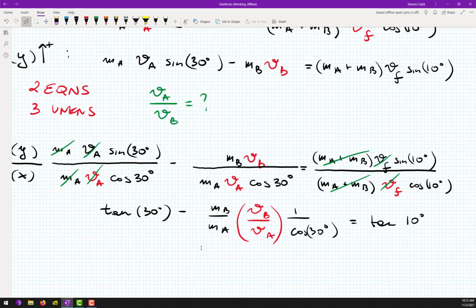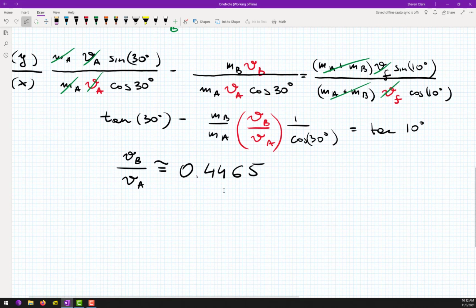I have no doubt that you can solve that equation for this ratio. We will have VB divided by VA is equal to approximately 0.4465. Okay, problem is almost done.